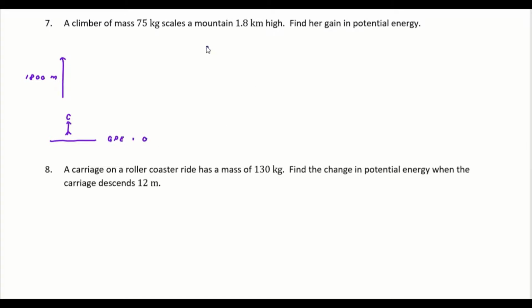So the change in the potential energy, let's write GPE instead, will be equal to mg, then the final height minus the initial height. So we have 75 times 10, and the final height is 1,800 minus the initial height, which is 0. From here, we are able to get 1,350,000 joule, or you can write 1,350 kilojoule as well.